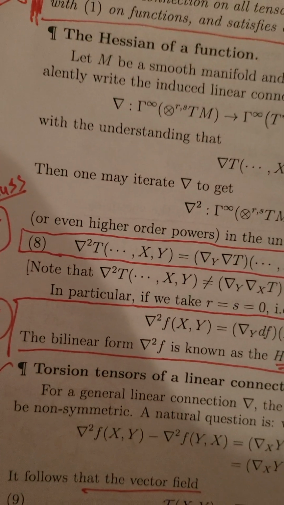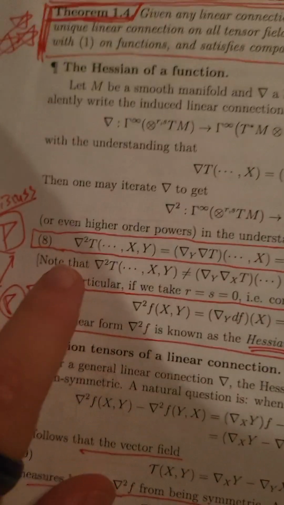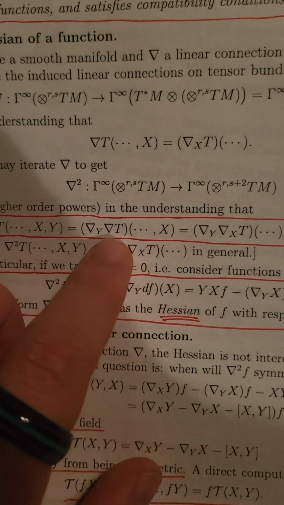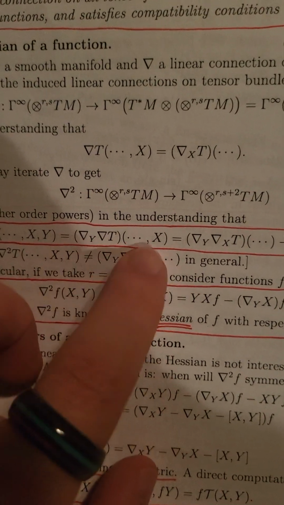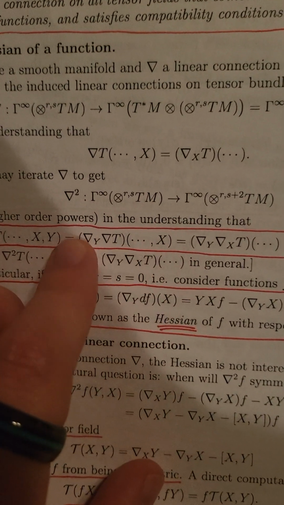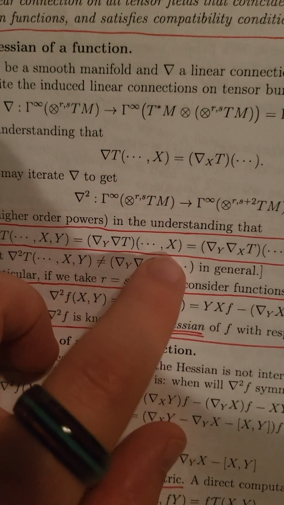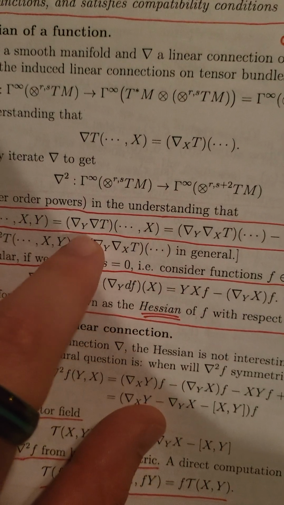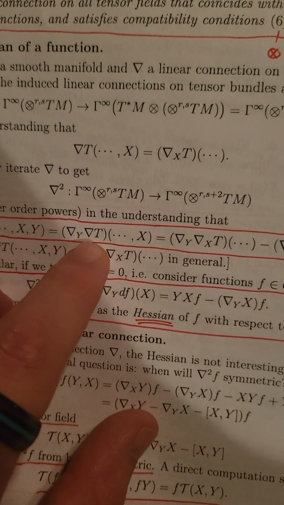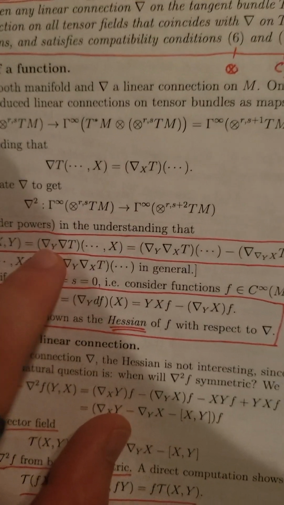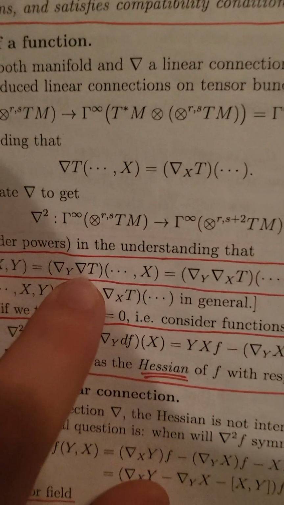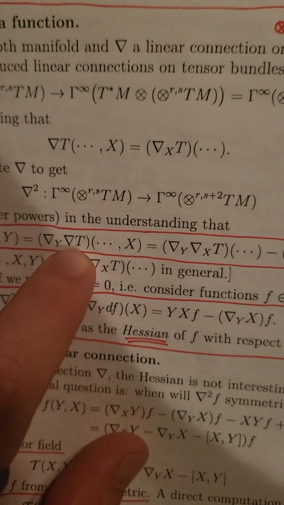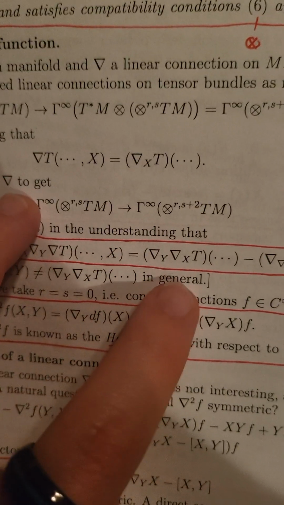So the Hessian matrix is t dot dot dot xy is given by this formula nabla y of nabla t dot dot dot x. Okay, so this is just evaluating the definition of this nabla operator on the final argument, and then we apply the rule, essentially the rule for what it means to take the covariant derivative of this tensor field nabla t in terms of the tensor field t itself.